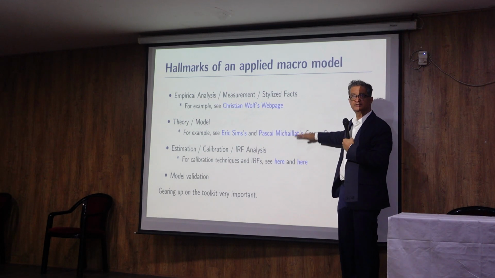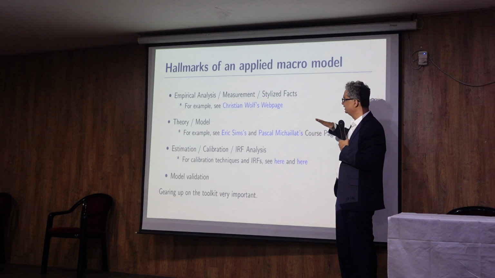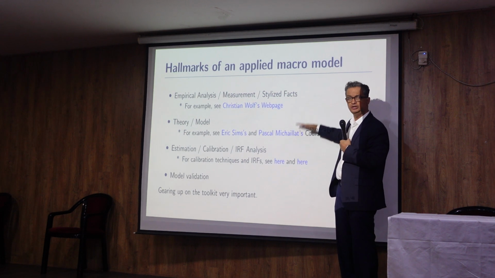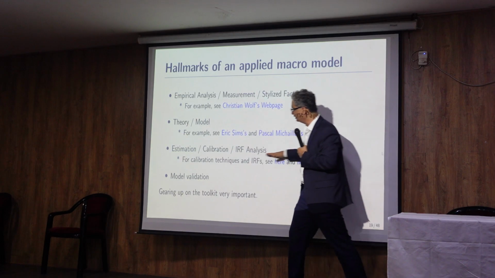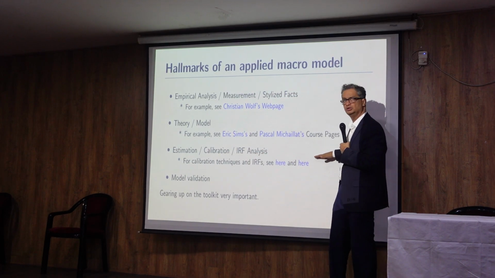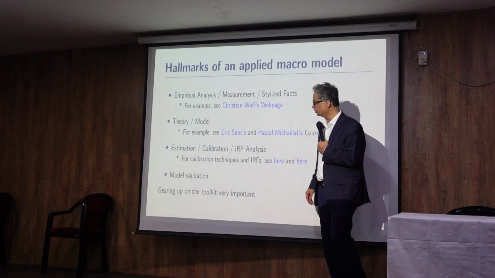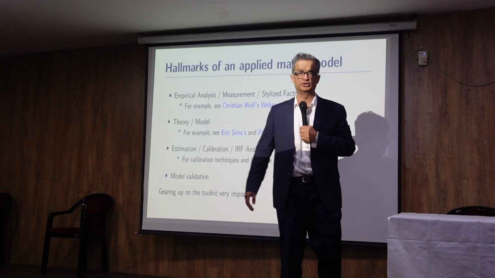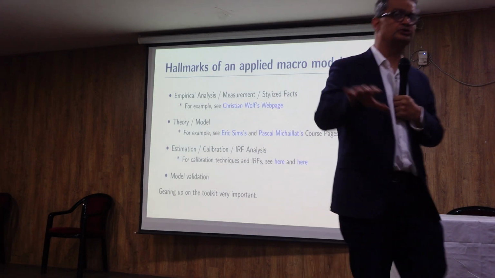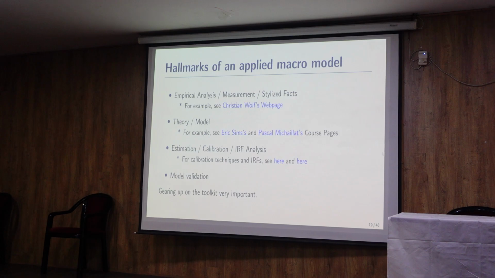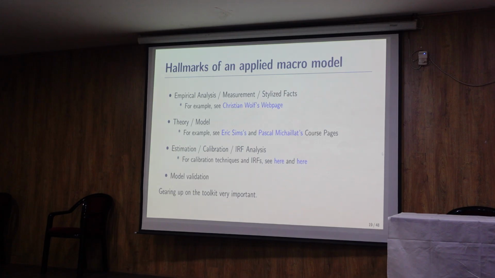The second thing is, once you get a sense of the facts, you say, here's a theory to explain these facts. The third thing is estimation, calibration, and some simulation. And the fourth thing is model validation. So for those of you who are interested in pursuing macroeconomic research, make sure you are up to speed with your maths, make sure you are up to speed with your econometrics, make sure all your professors here are teaching you all the right stuff.